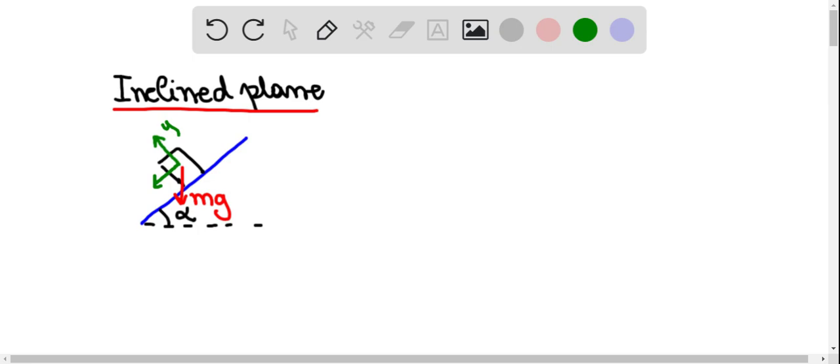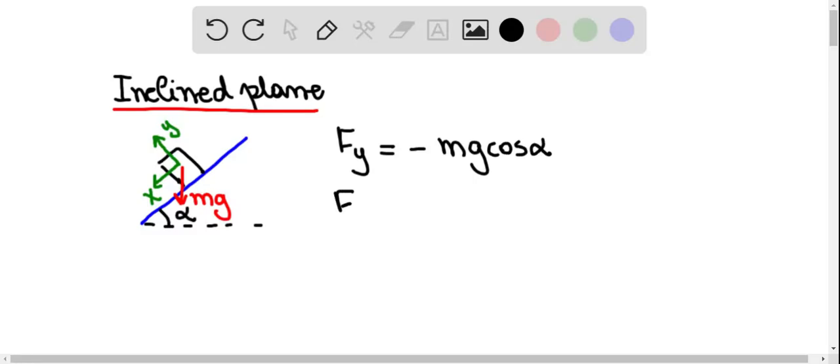I'm going to call them y and x. So F in the y direction is equal to minus mg cosine of alpha, and F in the x direction is mg sine of alpha.